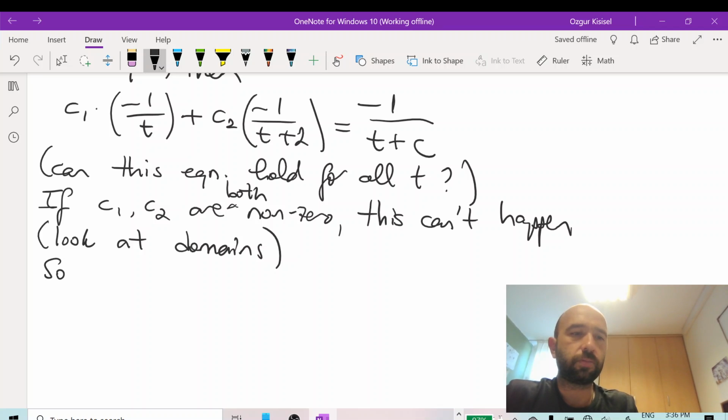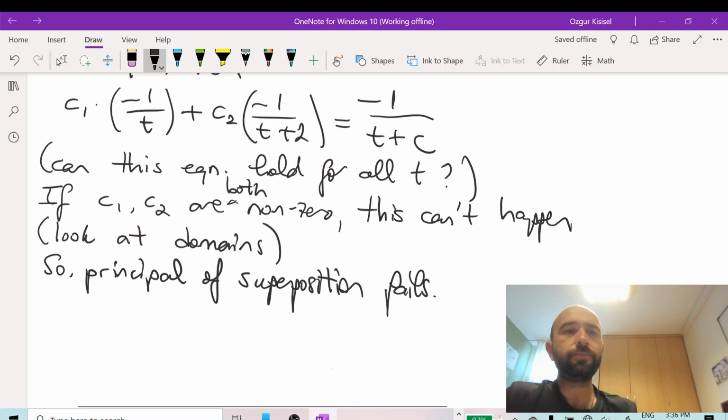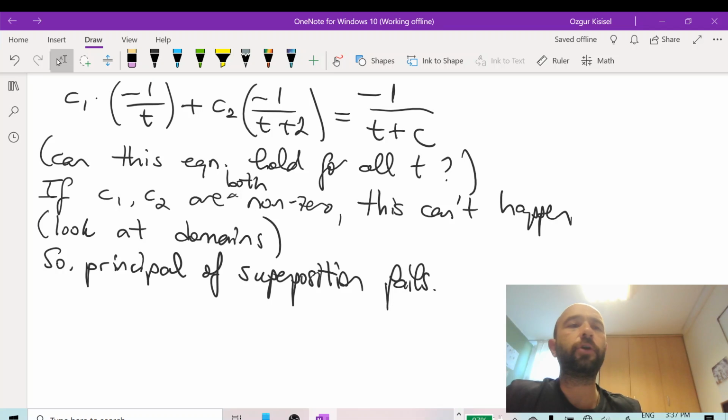So, principle of superposition completely fails. Well, you might say for special values like c1 equals 0, c2 equals 1, you can take c equals 2 as well. But that's not what the principle of superposition says.